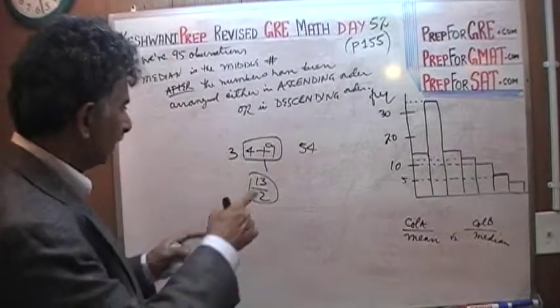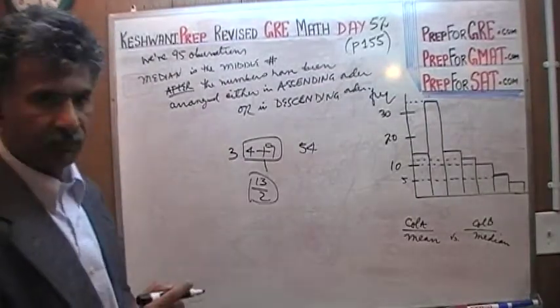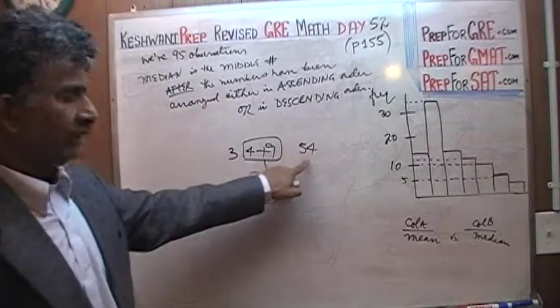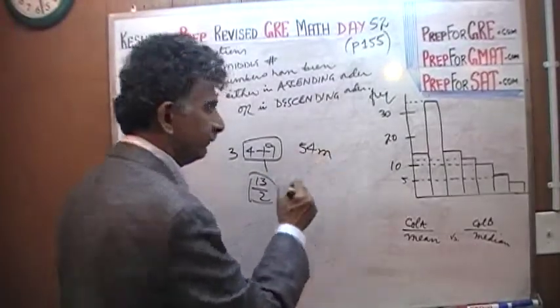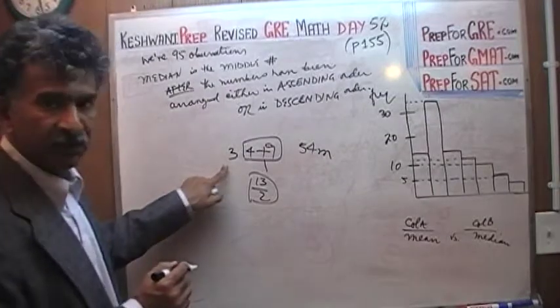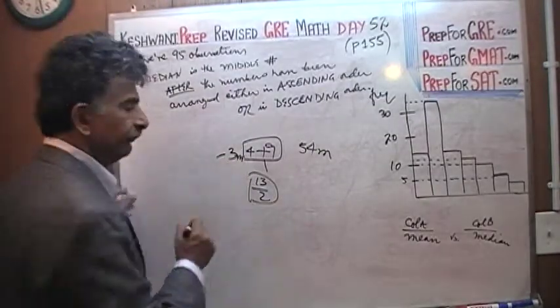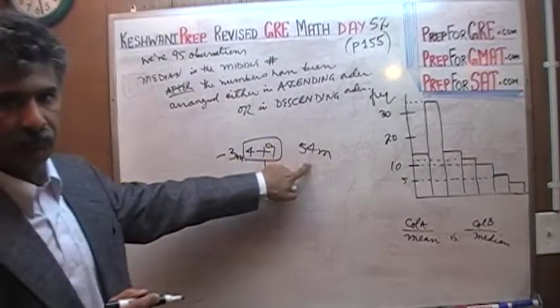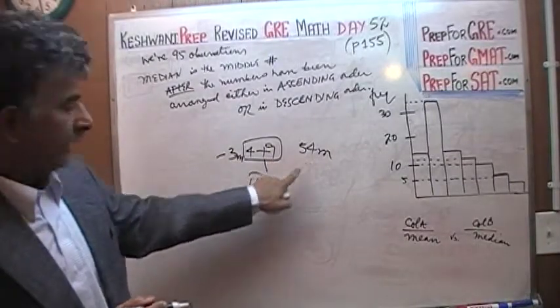The median of these four numbers, 3, 4, 9 and 54, is 6.5. It doesn't matter whether it's 54 or 54 million. It does not matter whether it is 3 or if it is negative 3 million. If you had negative 3 million and then a positive 4 and a 9 and a positive 54 million, it still would not have changed the median.